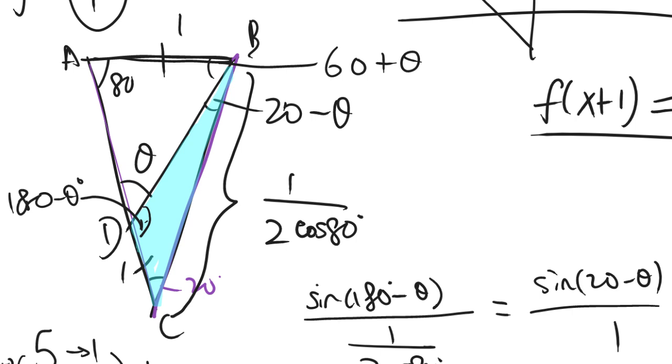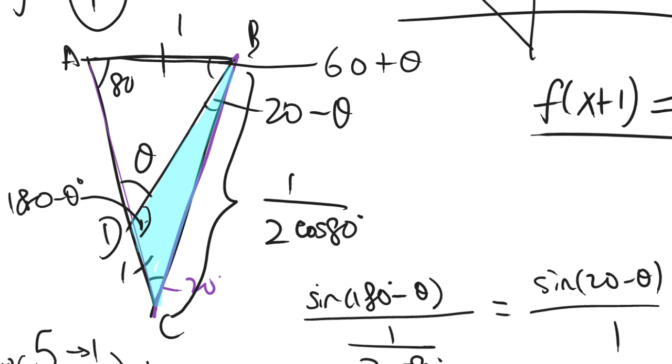This one over here should be easily doable by some sine calculations, which is probably 1 over 2 cos 80, is it? You just split the isosceles triangle in half. But anyway, the point is that you can write that in terms of theta, or in fact, in terms of angles only.